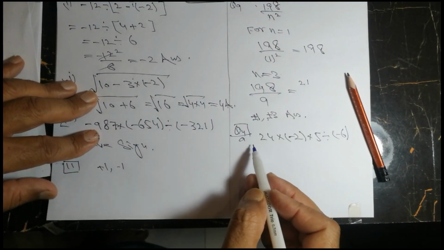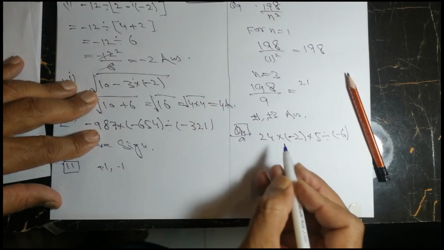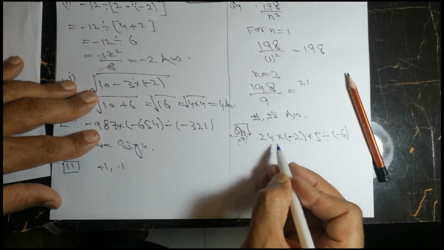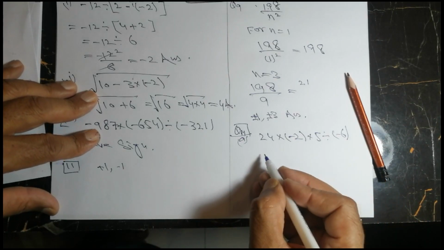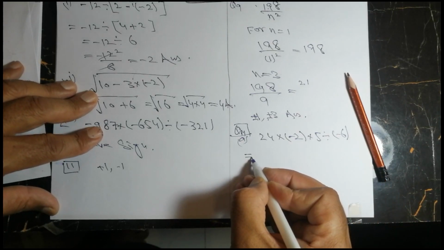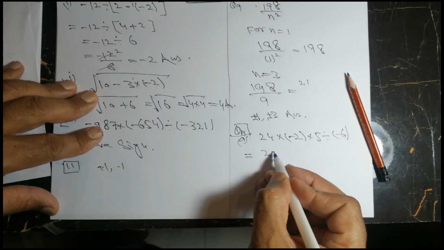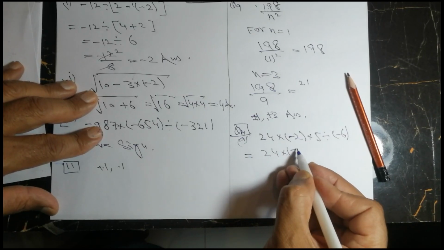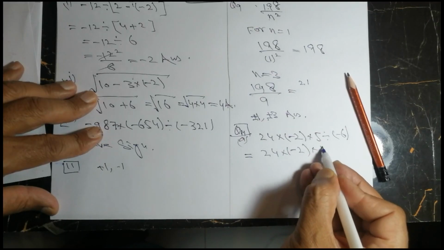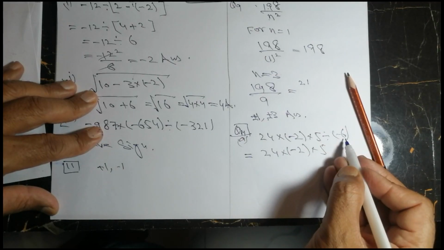So question 14, part A, 24 multiplied by minus 2 into 5 divided by minus 6. So we need to solve this question. 24 into minus 2 into 5 divided by minus 6.